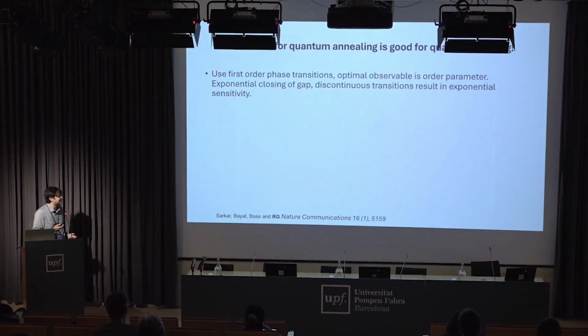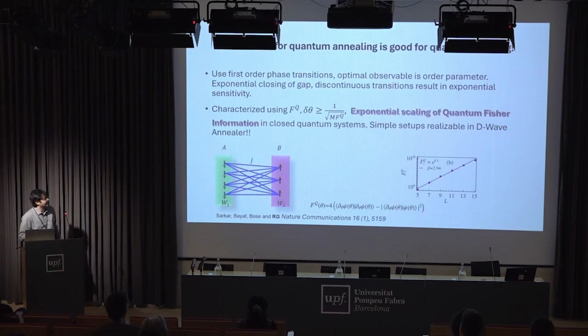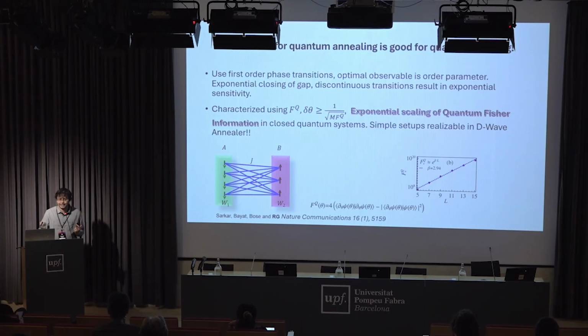And in the last minute, I will tell you about one of my recent works with Sogato, which involves the idea that what's bad for quantum annealing is good for quantum sensing. Because we showed that for first order phase transitions, if you use the order parameter as an observable, you can do very good quantum sensing. And for quantum sensing, the parameter which we need to look at is the quantum Fisher information. And it turns out that it is equal to 4 times the fidelity susceptibility.